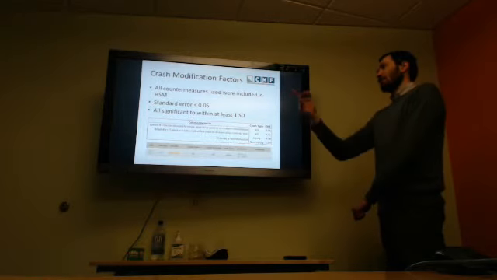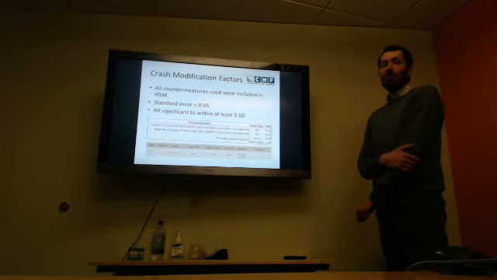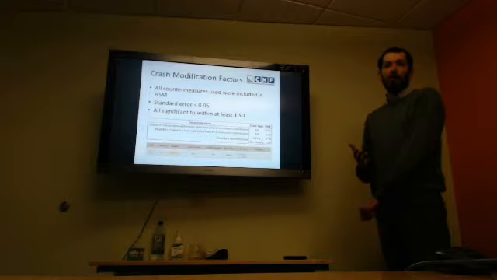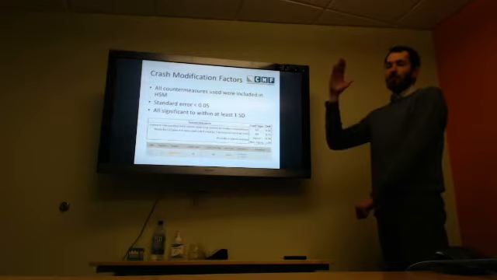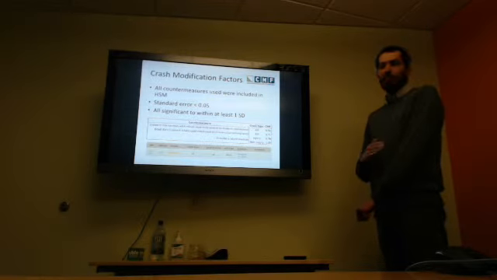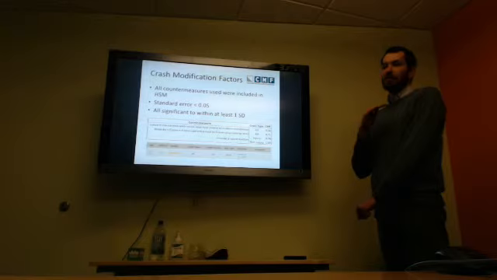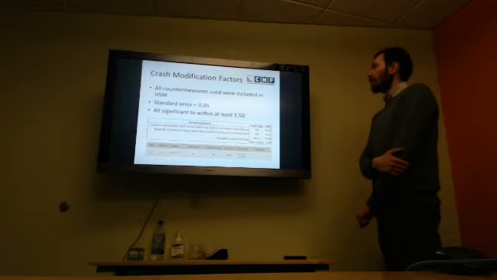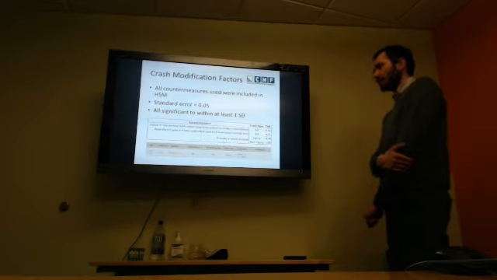And I guess also the standard errors are all below 5%, and they're all significant to within at least 1 standard deviation. So none of them float over 1, because sometimes if you have one that's like 0.98 and the standard error is 0.1, then you're not sure if there's going to be improvement, if it's going to make it worse, or it's going to stay the same. But luckily that does not happen with any of these crash modification factors.